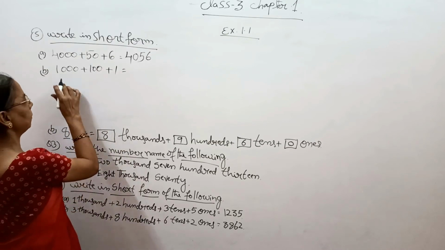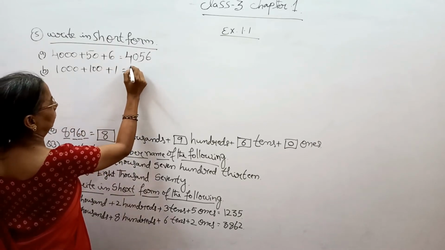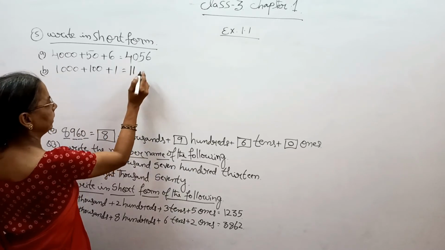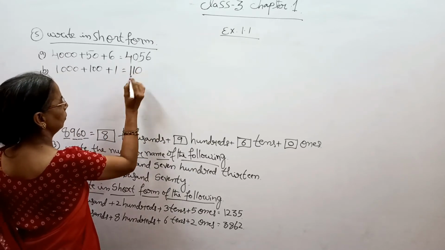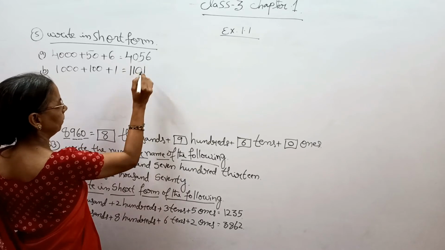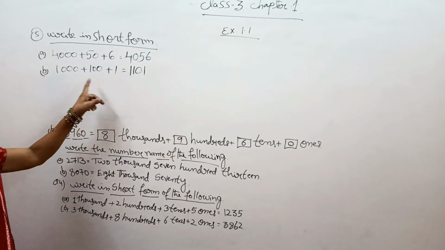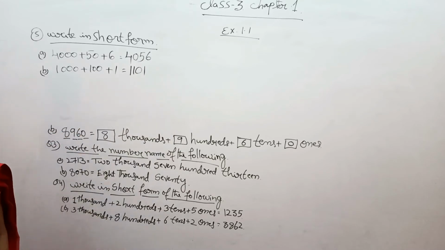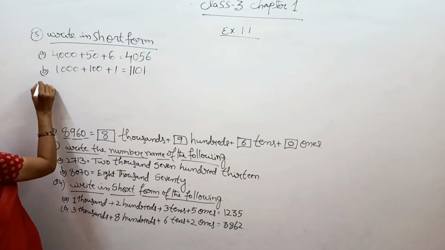That's why we have to put thousands place 1, 100 place 1, and tens place we have to put 0. Then 1's place it is 1. Like this, it is called as 1101. Next, question number 6.